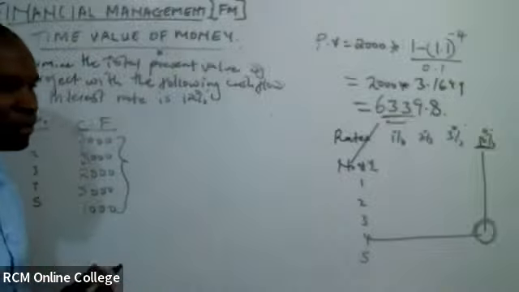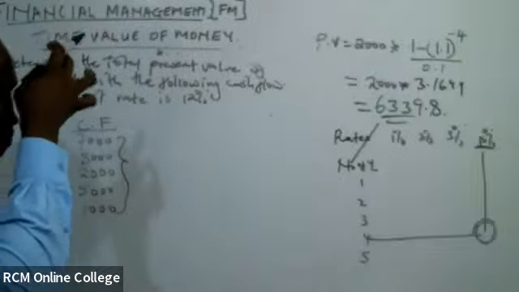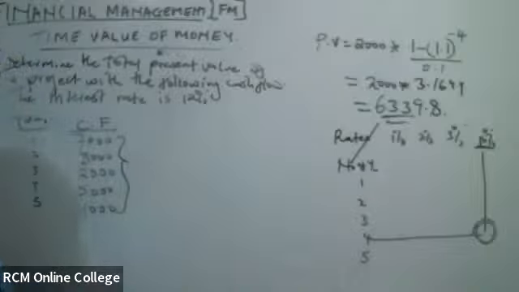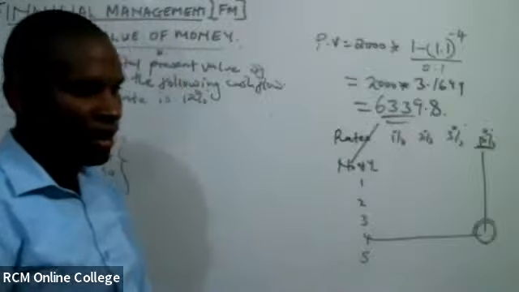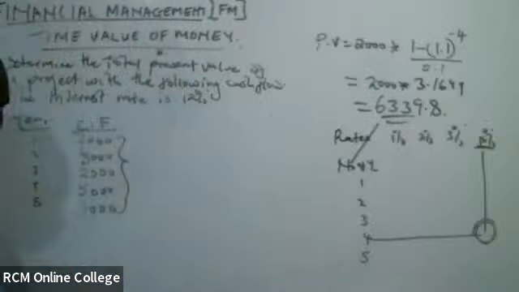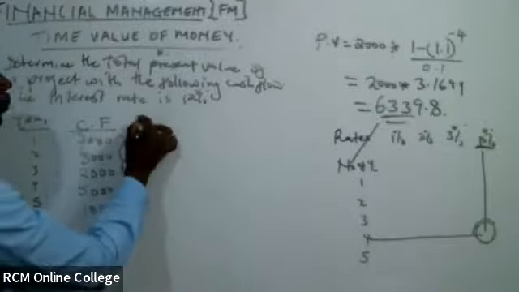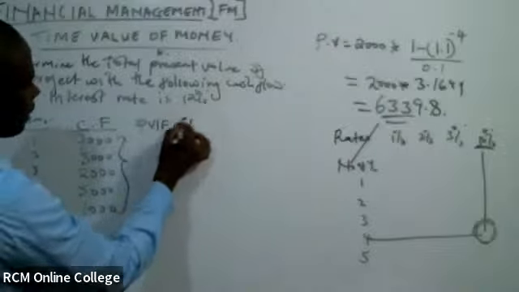Are we going to use PVIF or PVFA? Buka tuko na mbili. It is PVIF. So we discount using PVIF, not 10 but 12%.